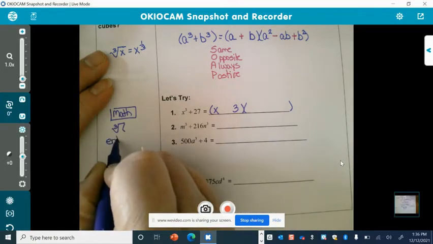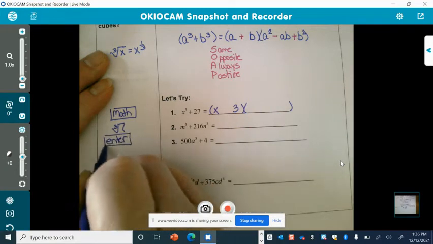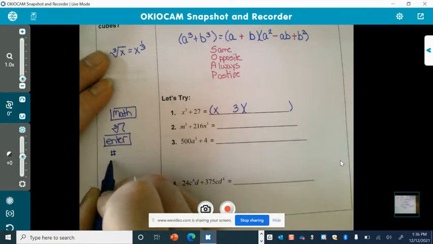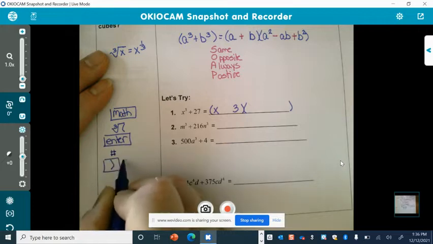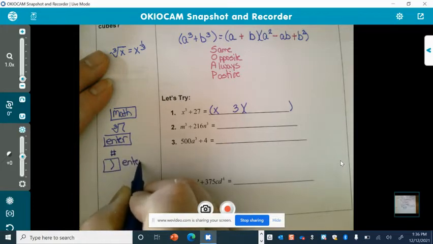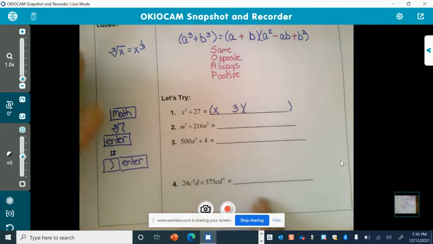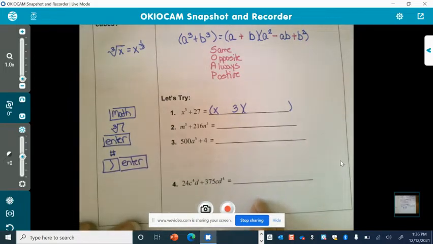Press Enter, type your number, close the parentheses, and press Enter, and your graphing calculator will find the cube root for you.